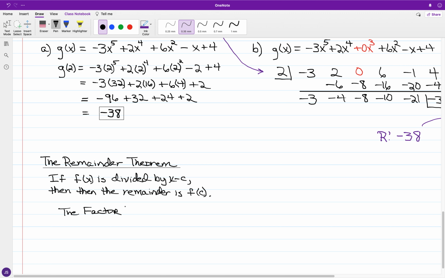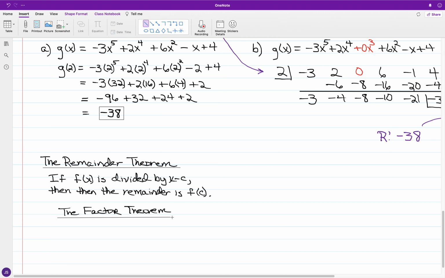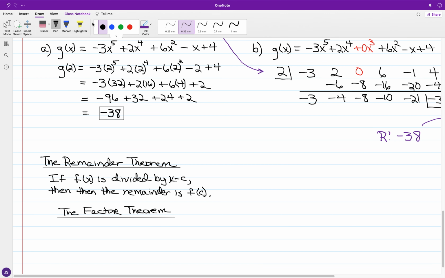And for the factor theorem, if the remainder f of c is equal to 0, then x minus c is a factor of f of x.